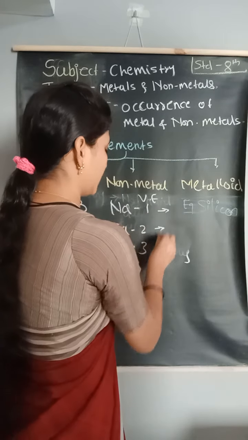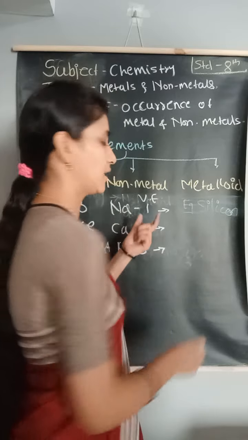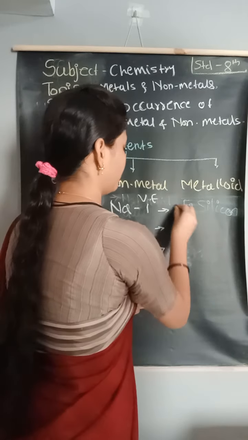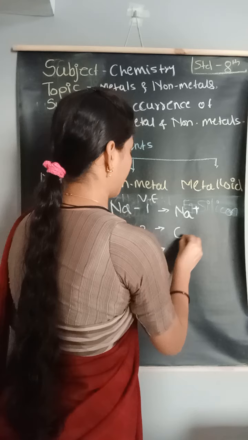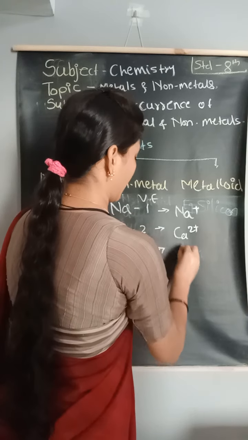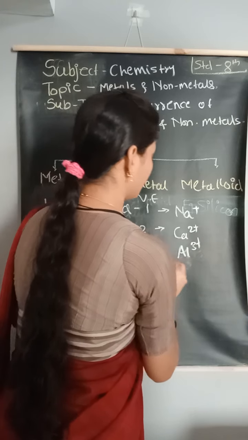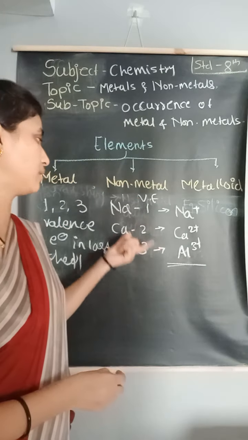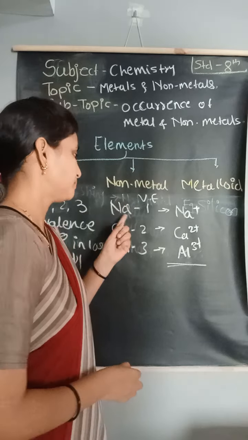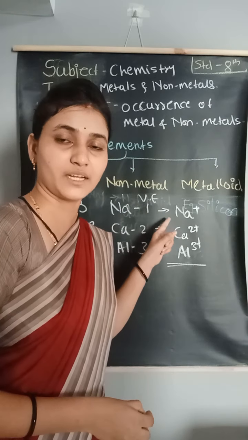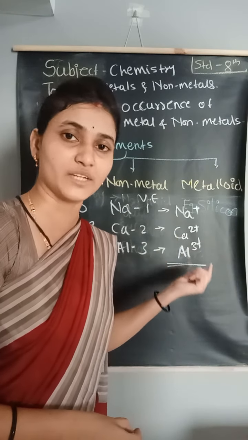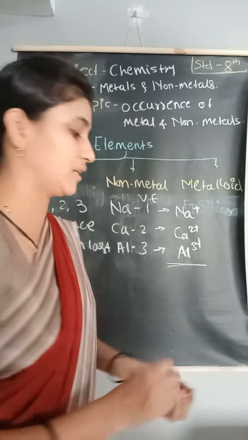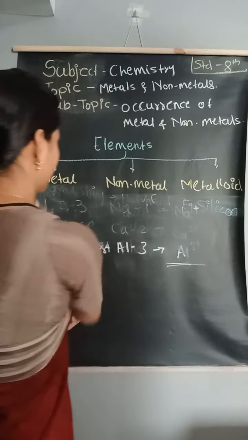By giving those electrons, they form positively charged ions: sodium monopositive, calcium dipositive and aluminium tripositive. That is the metal property: the element gives valence electrons and forms a positively charged ion. The second one is non-metal.